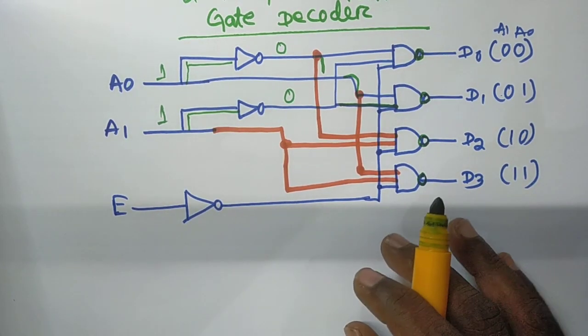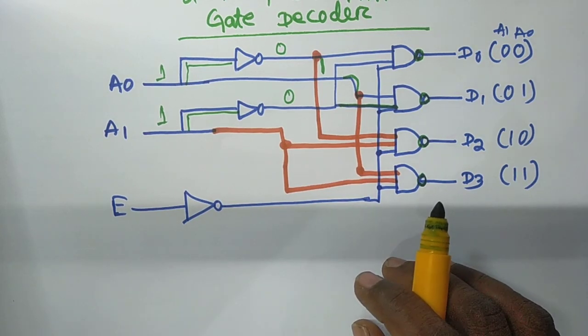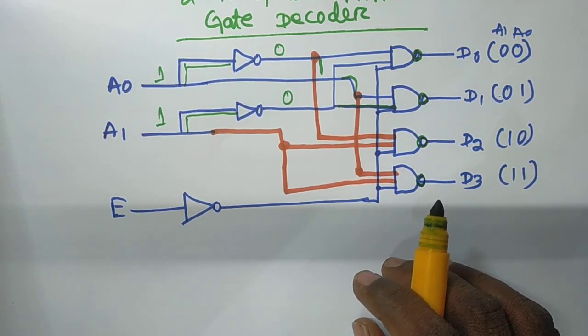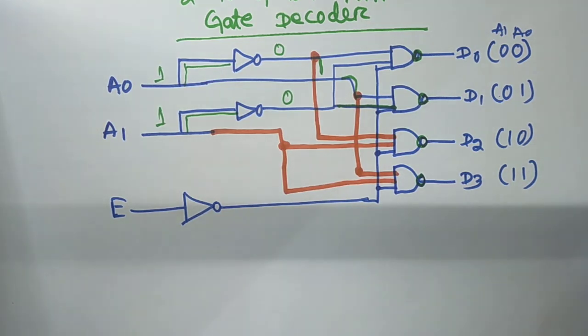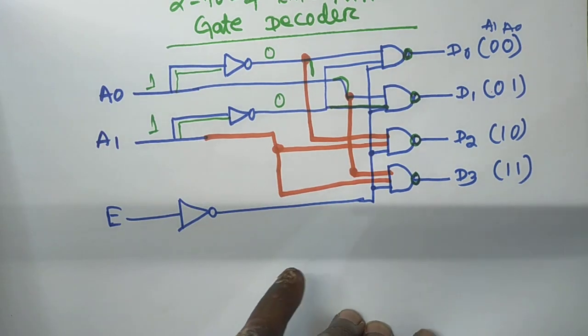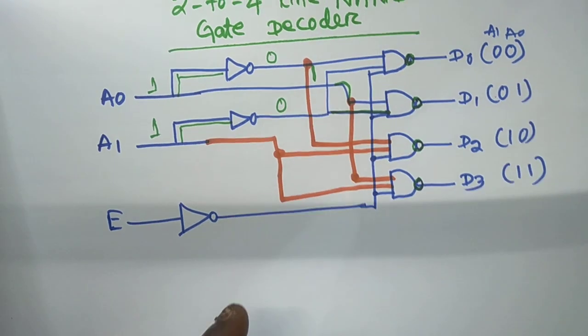I draw this diagram. Now we will also define the truth table for this 2 to 4 line decoder. How it will be represented. Now I will draw this particular 2 to 4 line truth table. So very simple way I will draw this line.